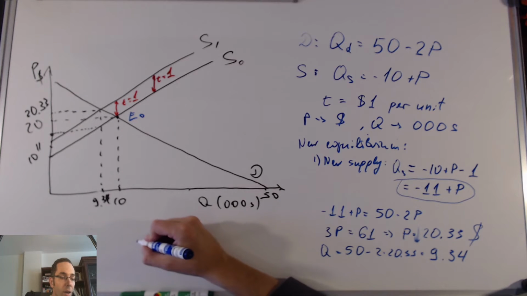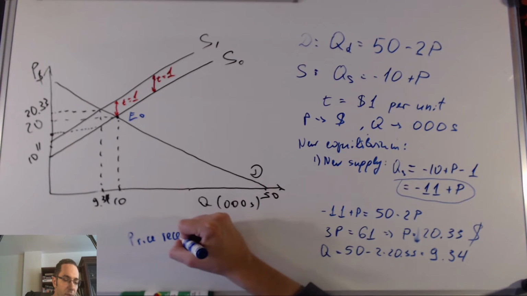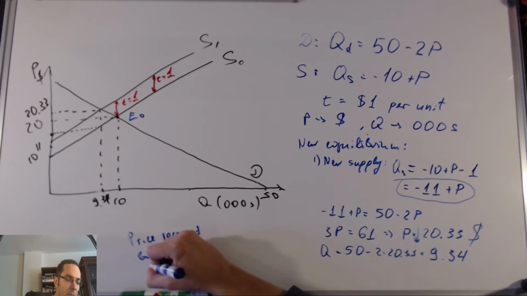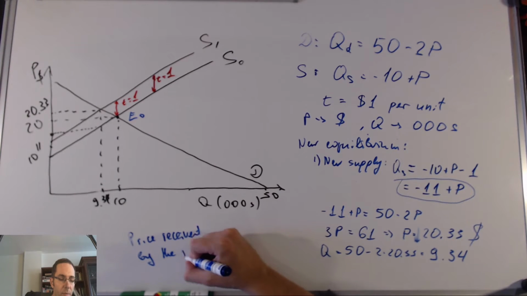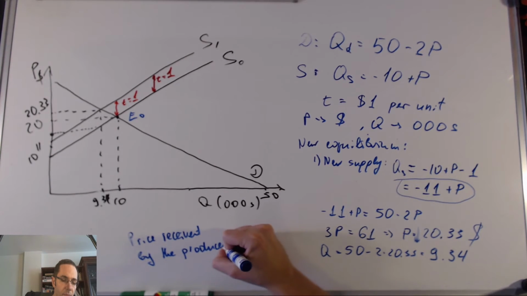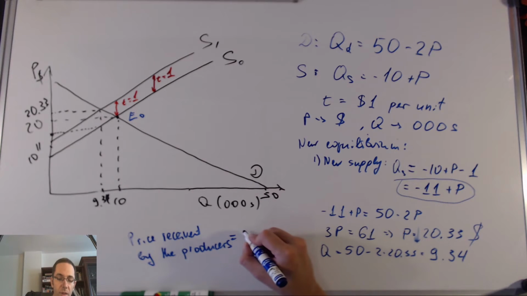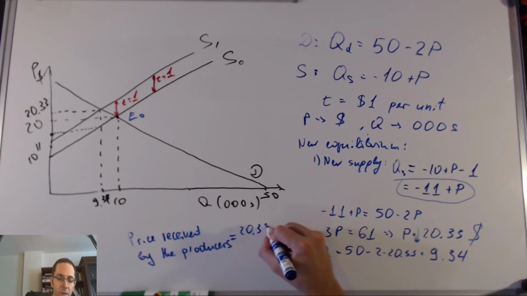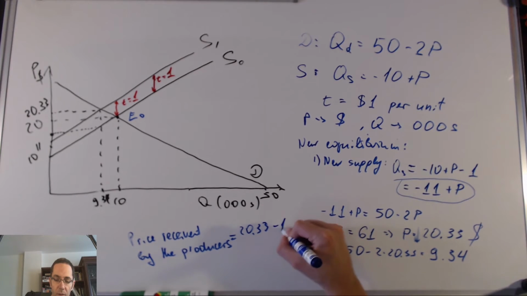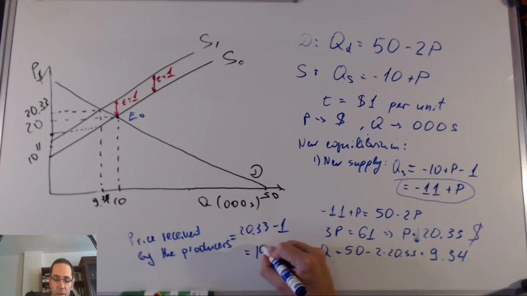So the price received by the producers is equal to 19.33. So it's 20.33 minus 1, which is 19.33.